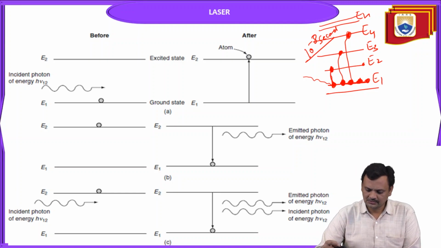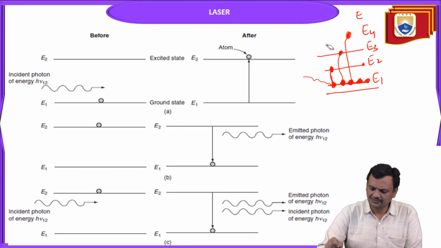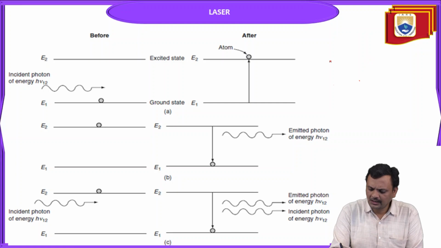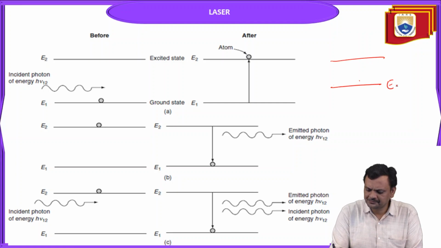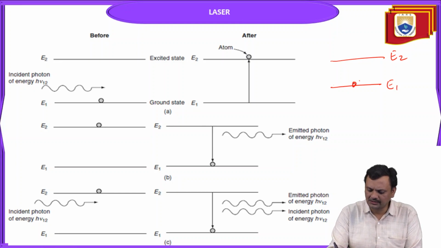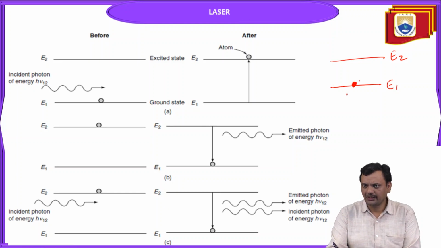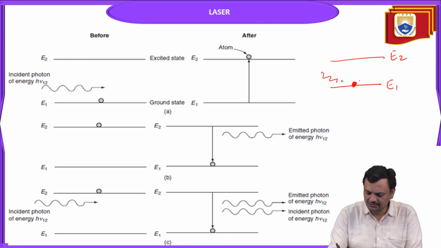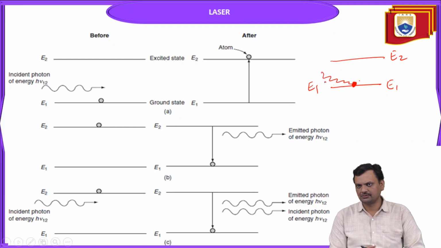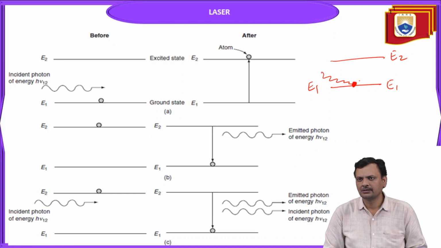Let's simplify these things, and I will consider only two energy levels, E1 and E2, for the sake of simplicity. Now one electron is here. This electron is exposed to energy from one outer energy source.